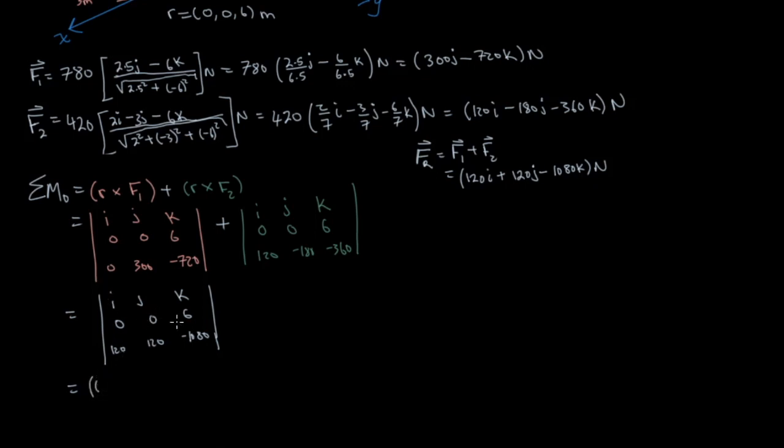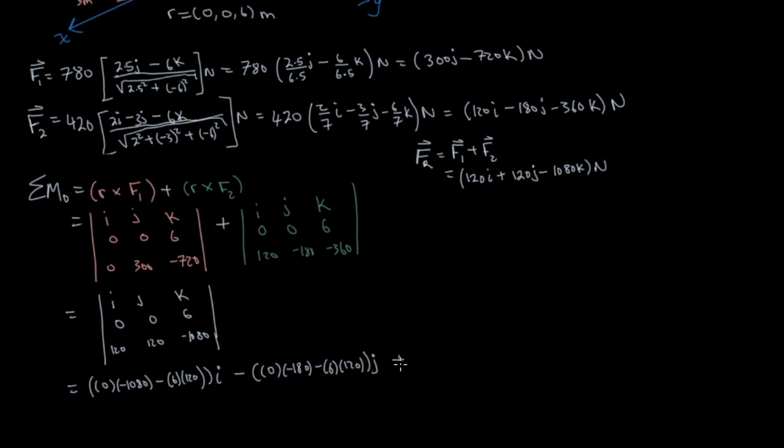So it's going to be 0 times negative 1080, minus 6 times 120, and this is going to be our i term, minus, 0 times negative 1080 minus 6 times 120, and this is going to be our j term.